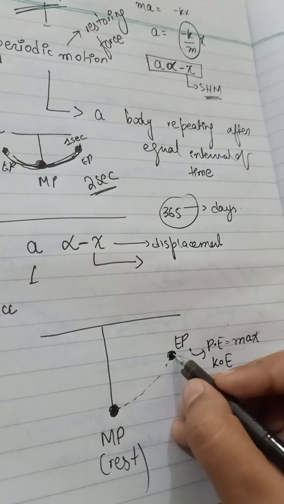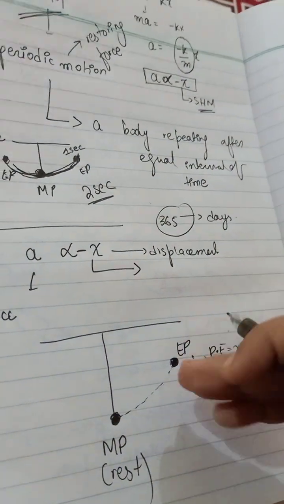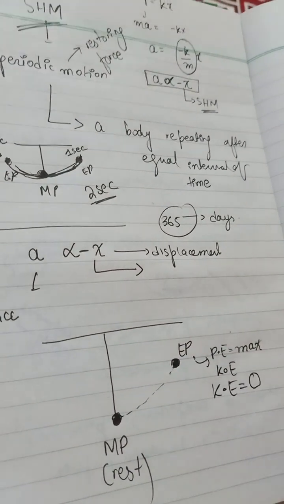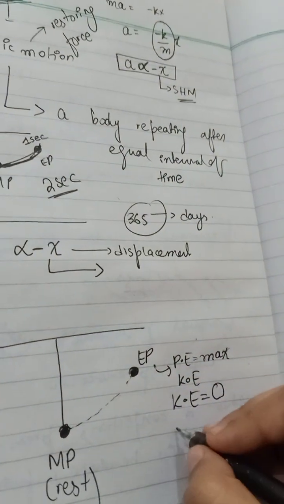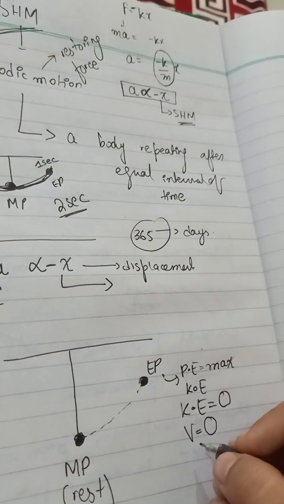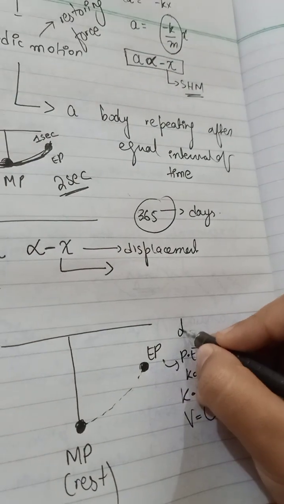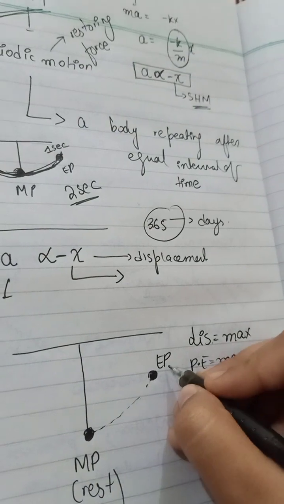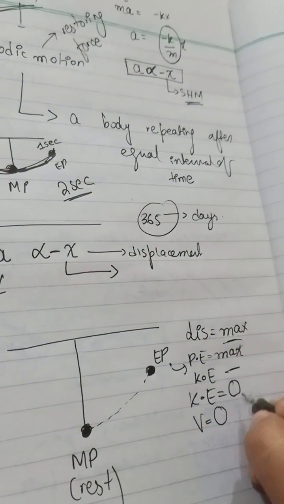When it stops at the extreme position, the kinetic energy is 0 because there is no motion, and so the velocity is also 0. But the displacement is maximum, because it has covered that displacement.